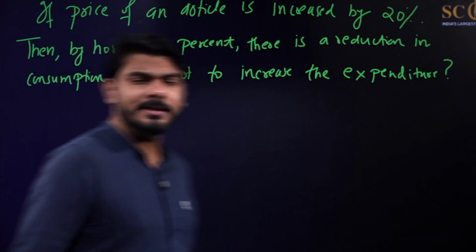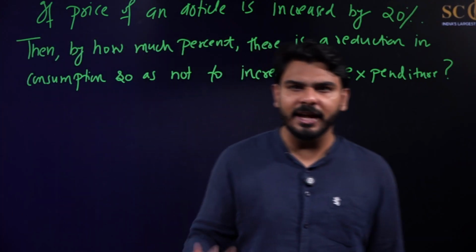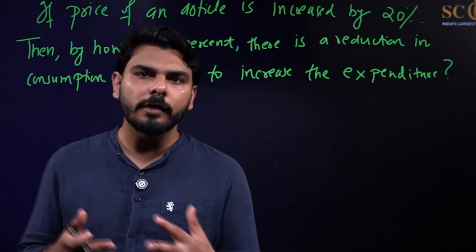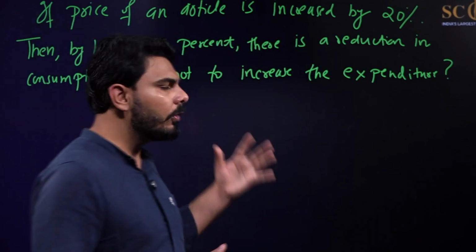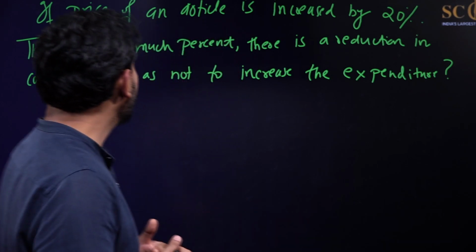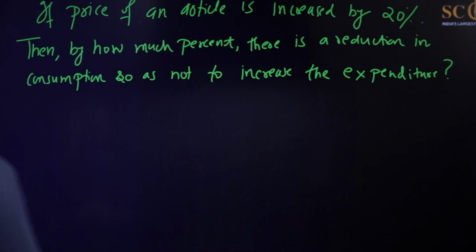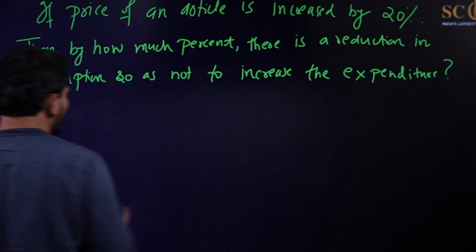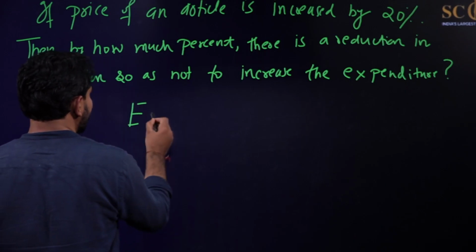Okay, friends, let us now see whether you are getting the correct answer. You already know the formula, you already know the trick. We will just apply that trick here. If the price of an article is increased by 20%, expenditure is equal to price into consumption.